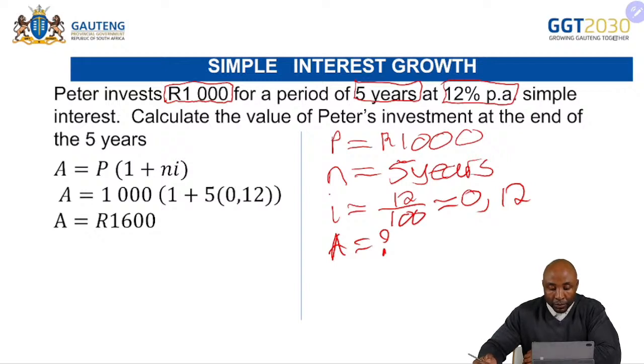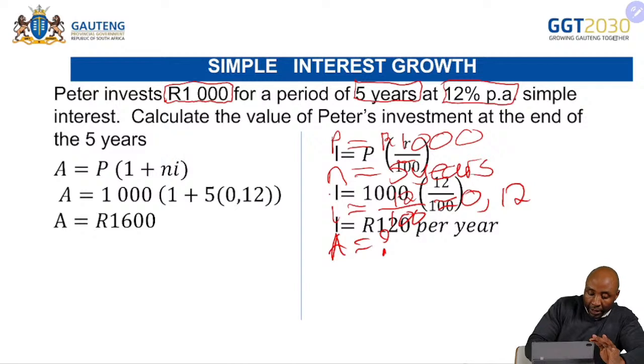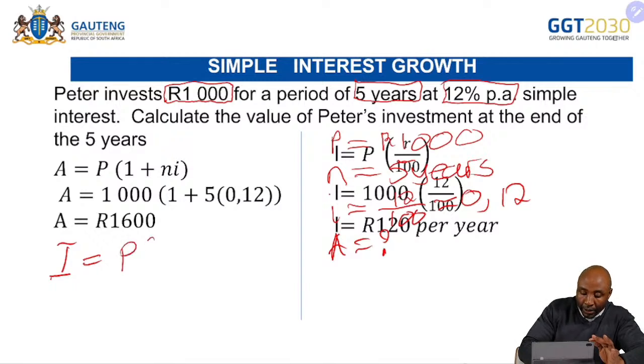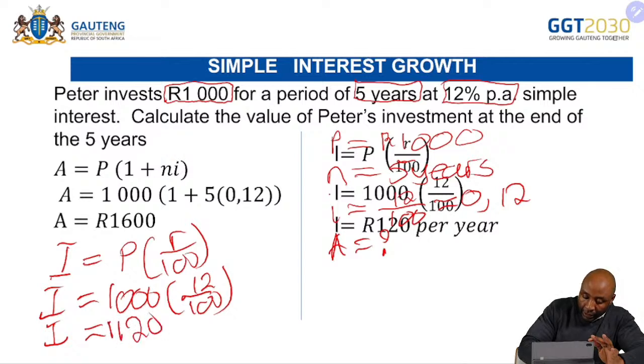So we must try and save. You will realize that our interest for the first year, we used P times R over 100, which is 1,000 times 12 over 100, and we got our interest for the first year as 120 rand.